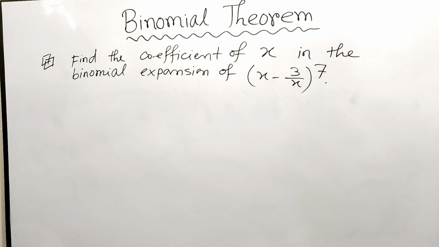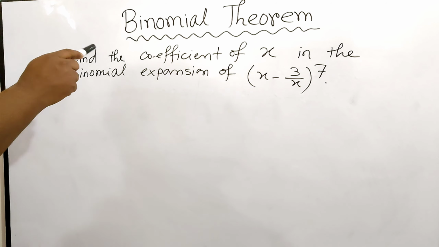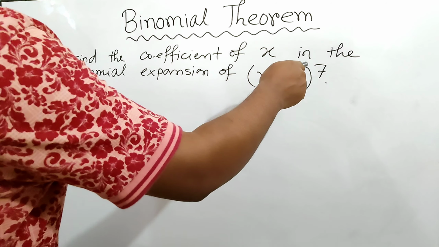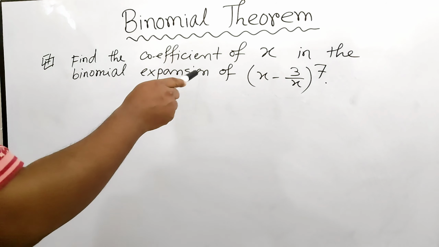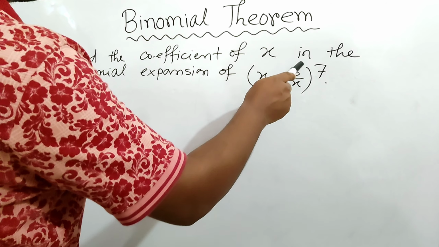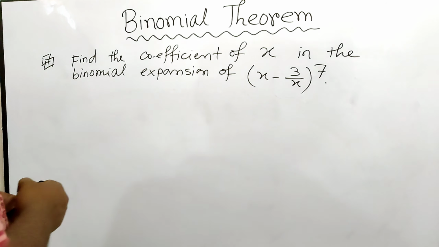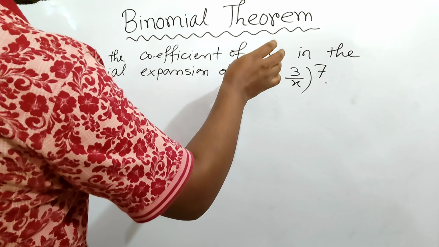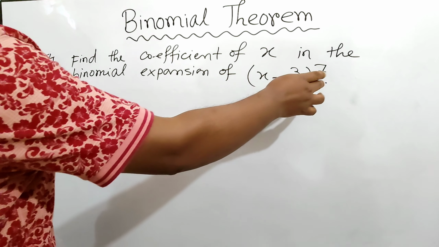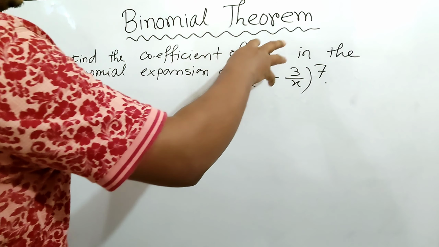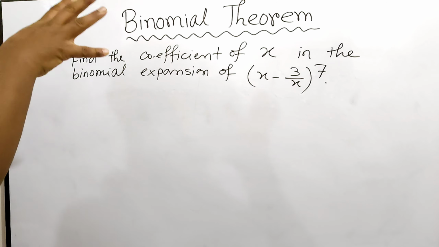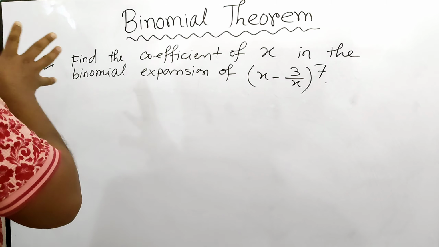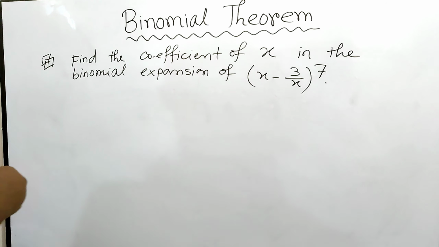Here the question is: find the coefficient of x in the binomial expansion of (x minus 3 over x) to the power 7. If you look at it, this is power 7. For finding the coefficient of x, if you expand this according to the main formula, I think it will be so complicated.